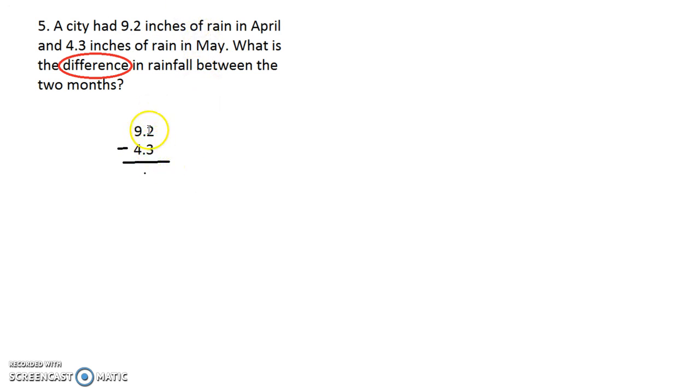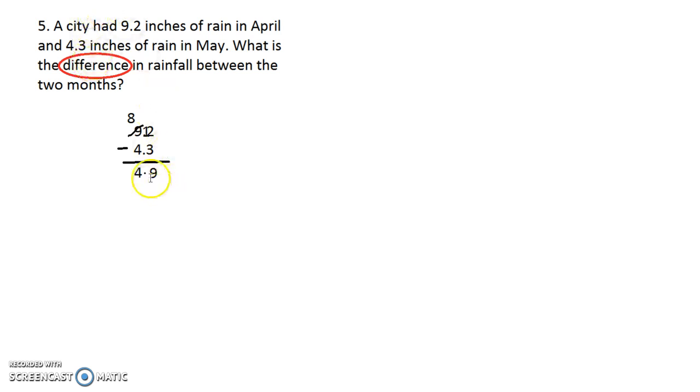Okay, so what's 2 minus 3? Well, we can't do that, right? So we're going to have to cross here and borrow from here, turn this into an 8, and we're going to turn that guy into 12. So 12 minus 3 equals 9. And now we just have 8 minus 4, which equals 4.